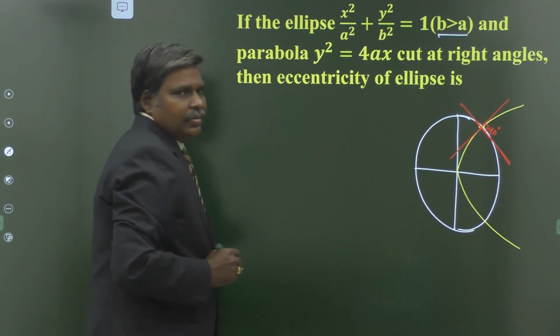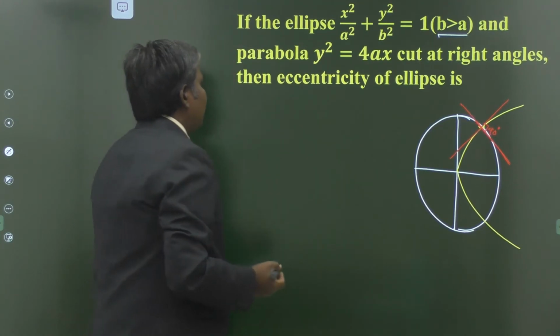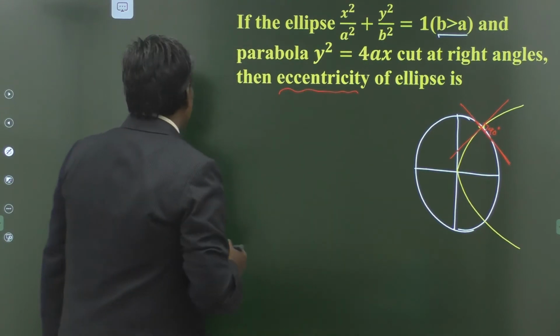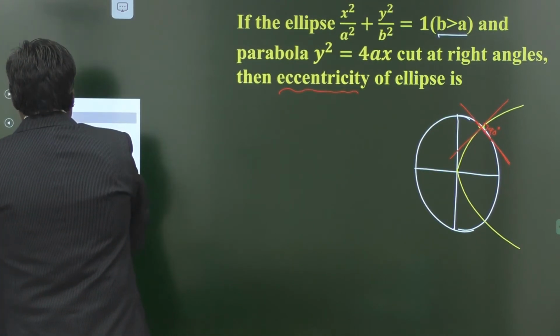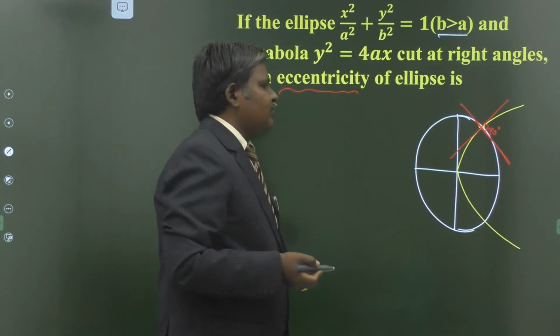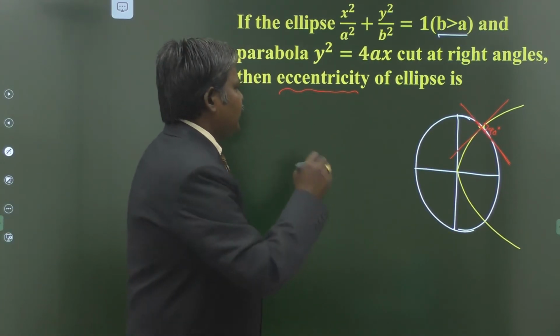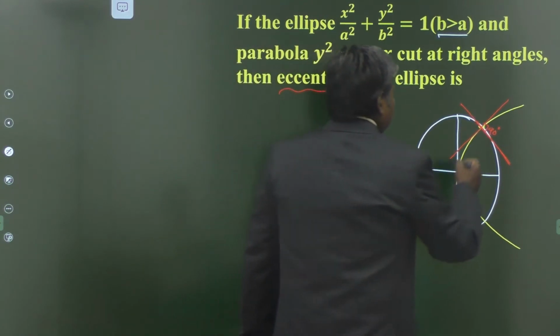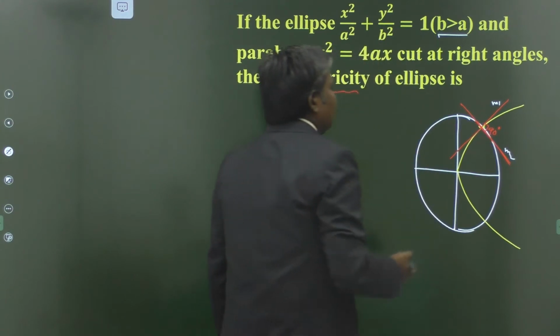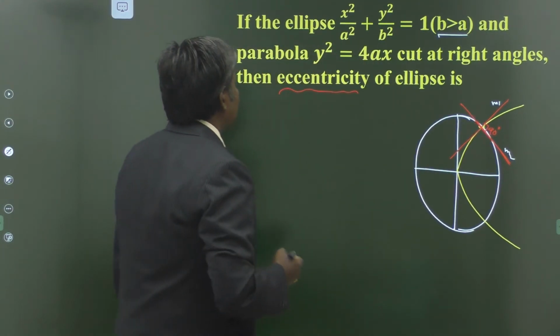Then we have to find out the eccentricity of the ellipse. So the angle between tangents is 90 degrees. We mean the product of slopes is equal to minus 1 if they are not vertical. So if the slopes are m1 and m2, m1 m2 is equal to minus 1.